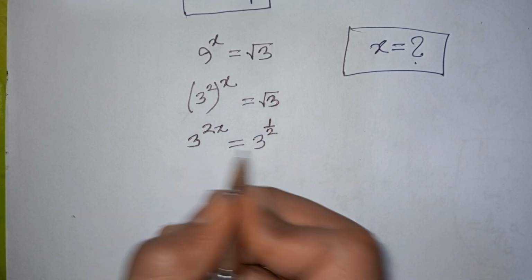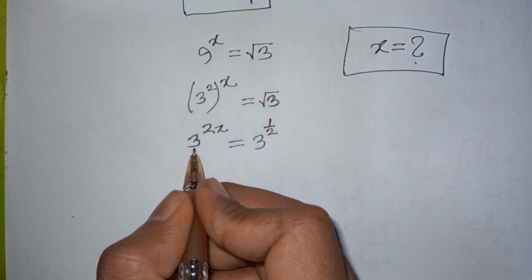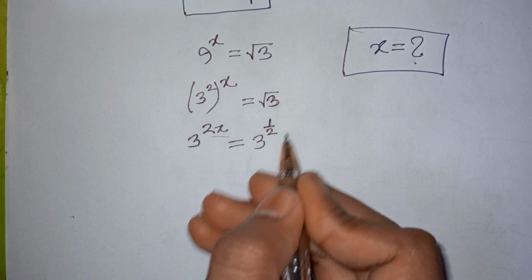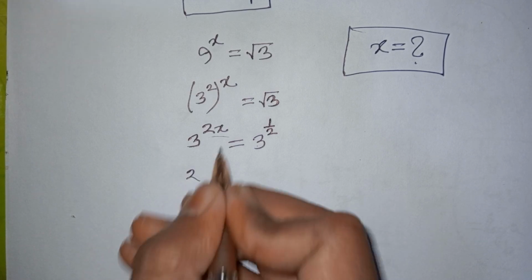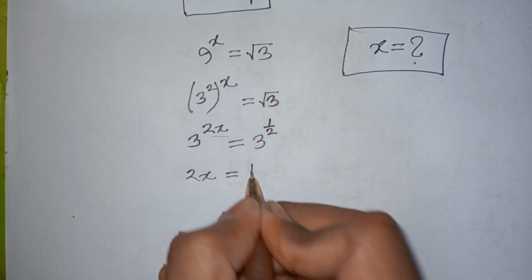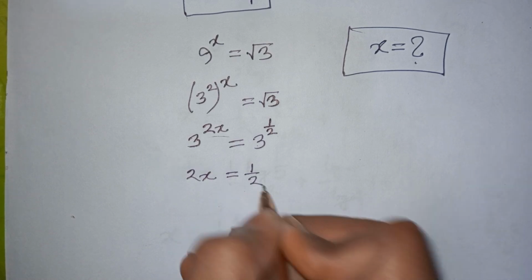Now the base 3 is the same, so 3 will be cancelled, so this power will be equal to this power, so it will be 2x is equal to 1 over 2.